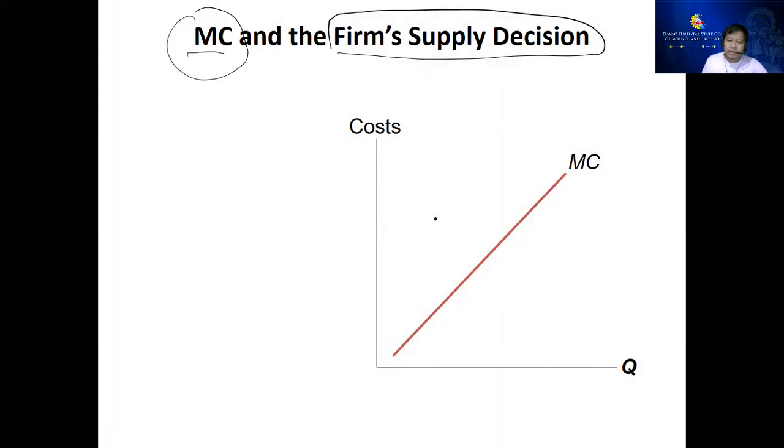Look at the graph. The cost is on the y-axis, and the quantity supplied is on the x-axis.